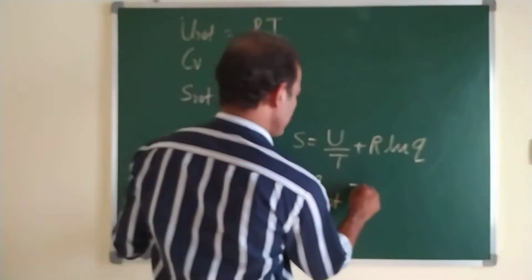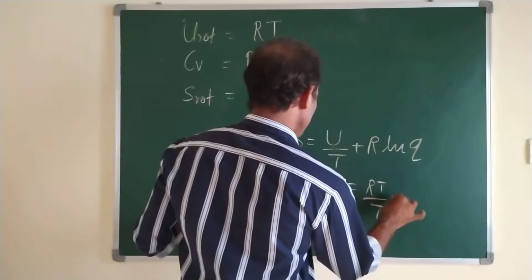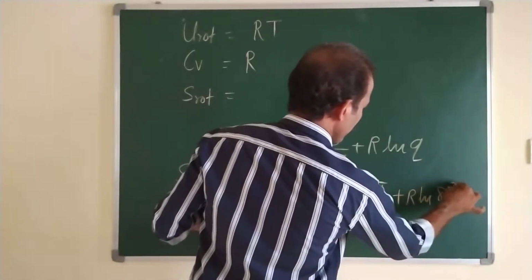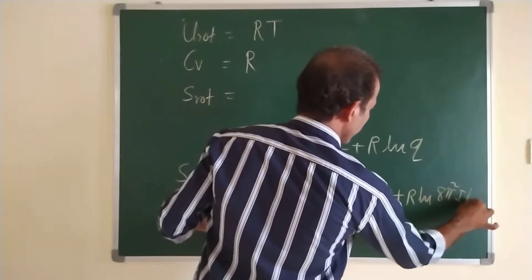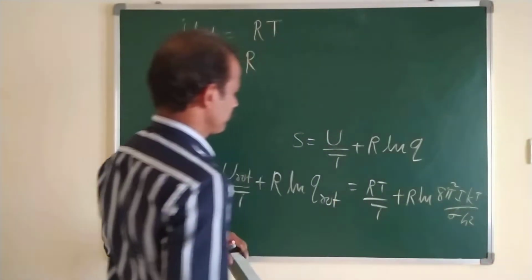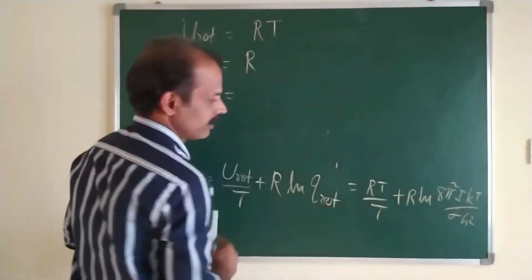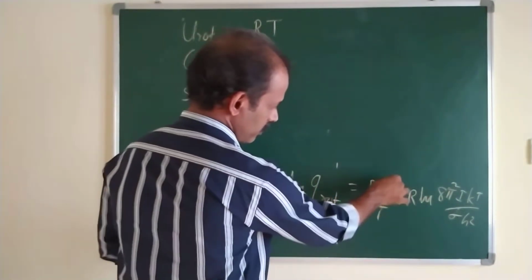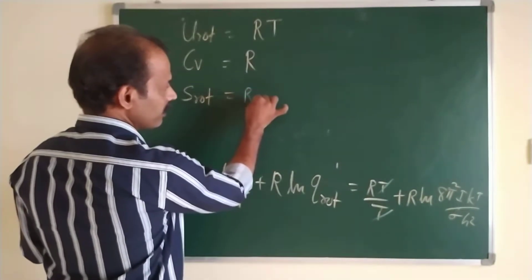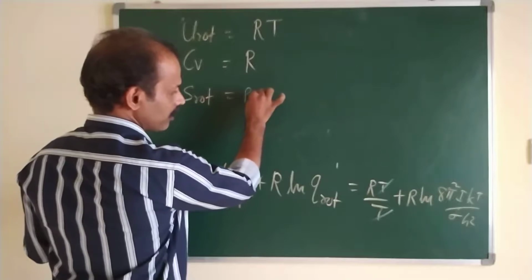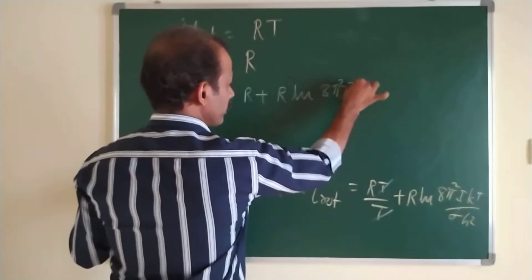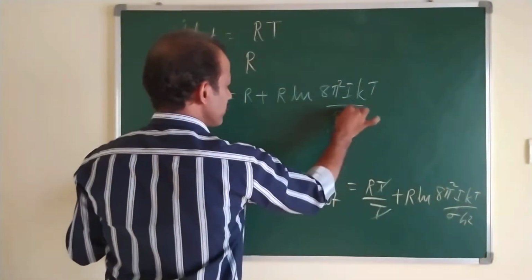Which is equal to RT by T plus R ln 8 pi square IkT by sigma h square. This T and T cancel each other, so which is equal to R plus R ln 8 pi square IkT by sigma h square.